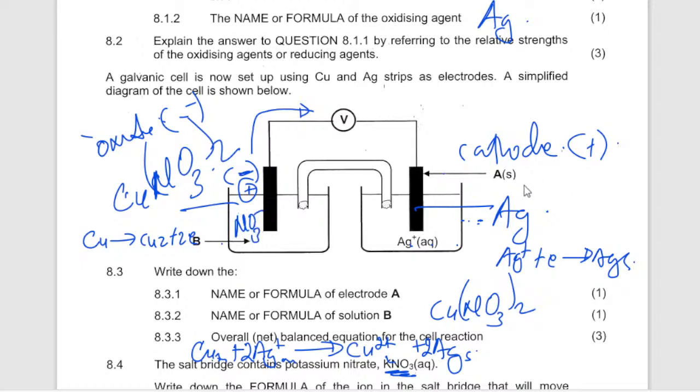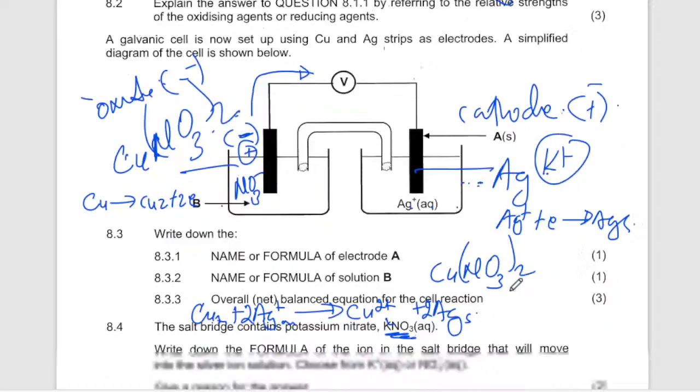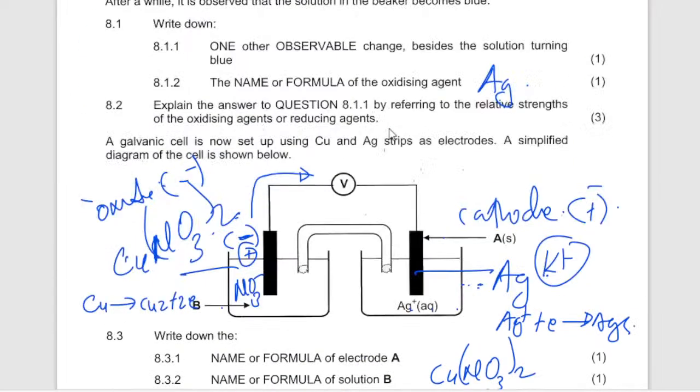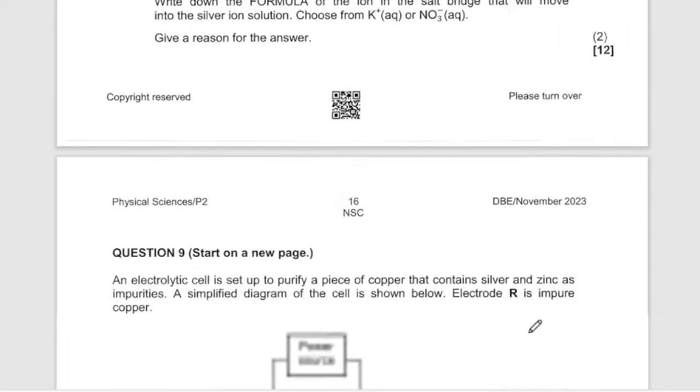And then the potassium, because now the negative charge is received from this side, keeps on neutralizing this, and then it becomes less positive. So the potassium ion will come and make it more positive so that the reaction can continue. So in this case, we shall say that potassium will go to silver, and the nitrate will go to the copper.